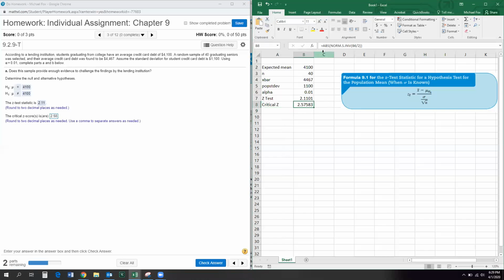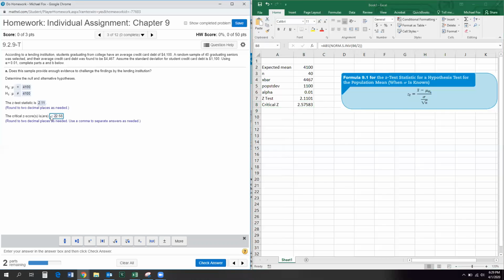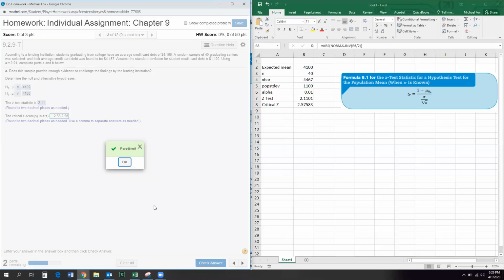And then this is norm.s.inv of the alpha divided by 2. Oh, I know why. Because this is a two-tailed test, it wants us to do both ends of it, negative 2.58, comma, 2.58. That's why. So it wasn't that my math was wrong. It was that it wanted me to include the negative and positive of that.